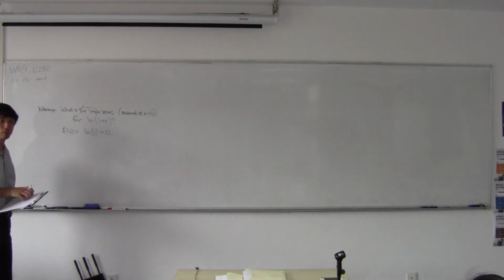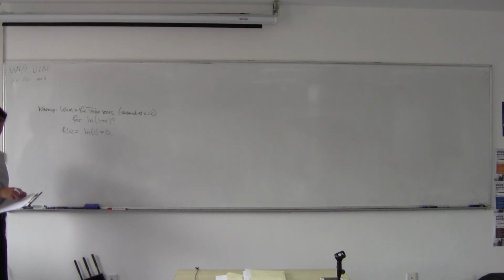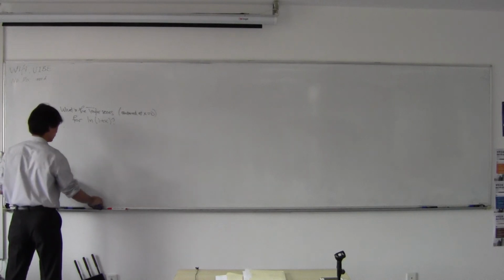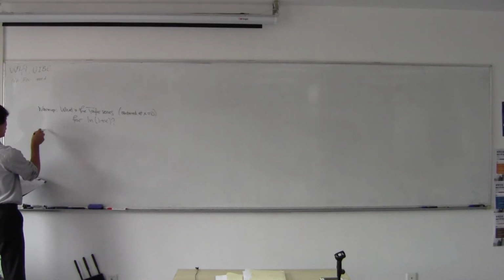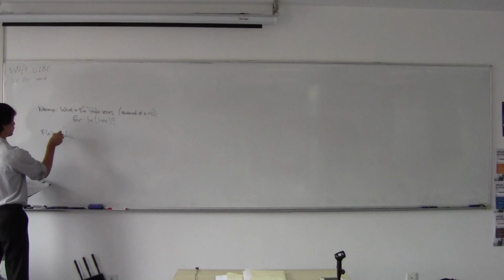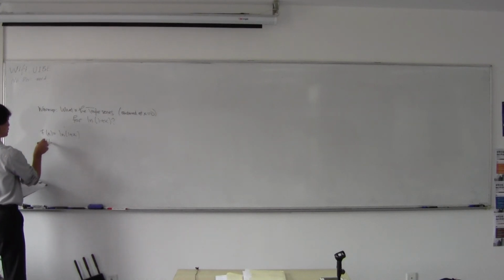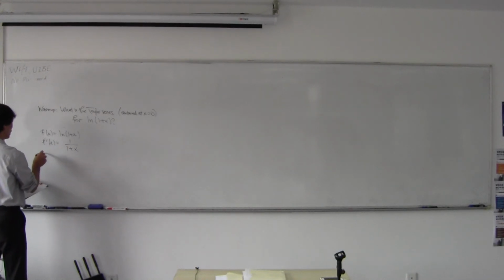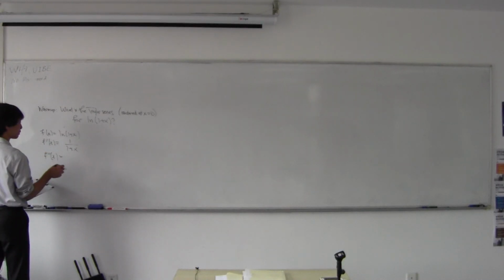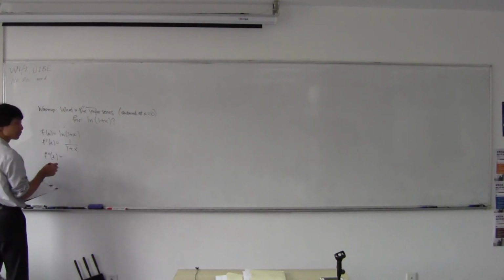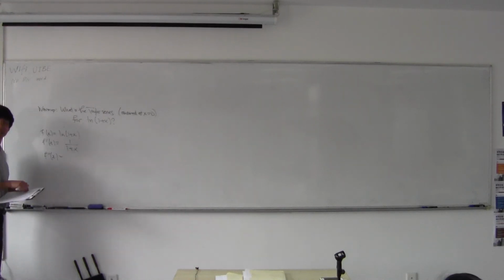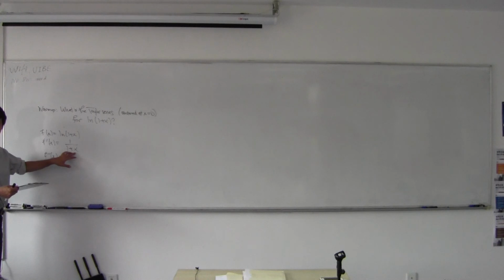What else do you need to do? You need to take derivatives, right? So let's do that first, maybe. So f of x is natural log 1 plus x. F prime x is what? 1 over 1 plus x, right? F double prime x is what? You need to differentiate this.